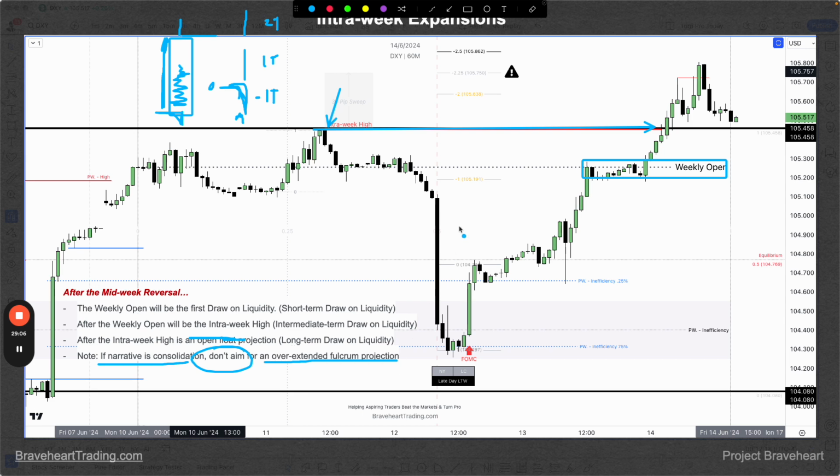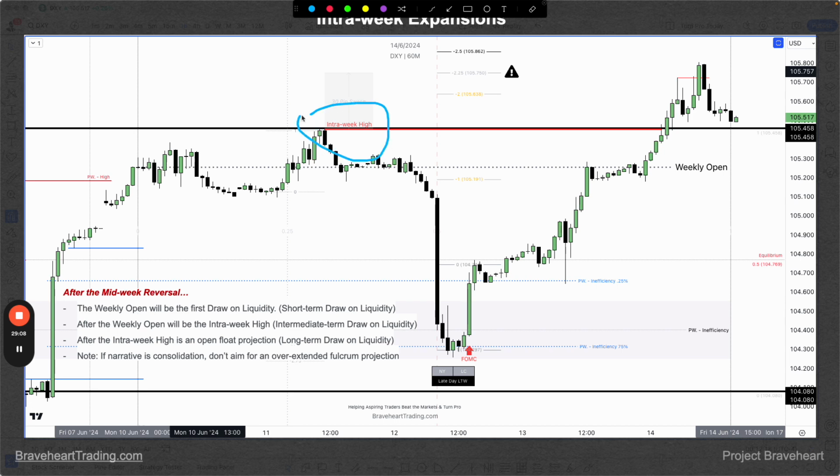Meaning, if this is the intra-week high, you don't aim for the next level above 2. This is the close proximity one. Here, you're not aiming for 3 or 4. That is something you'd aim for, or even 5, in a trending market.